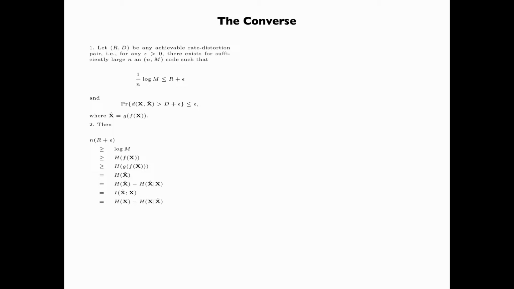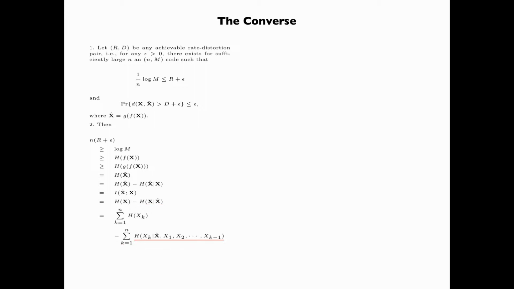Now we expand the mutual information between x hat and x in the other way to obtain H(x) minus H(x given x hat). Now H(x) is equal to the summation k equals 1 up to n of H(xk) because the source is IID, and H(x given x hat) by the chain rule is equal to the summation k equals 1 up to n of H of xk, conditioning on the reconstruction sequence x hat and the source symbols x1, x2 up to xk minus 1.